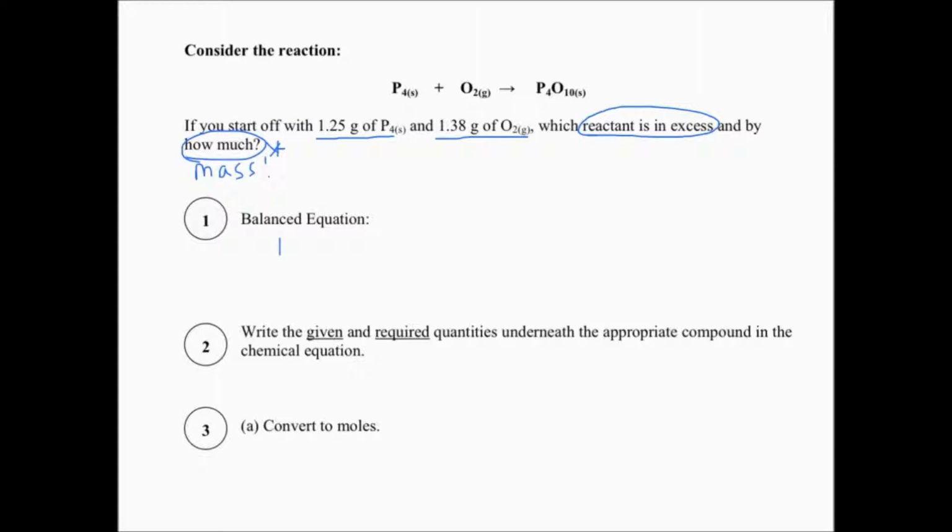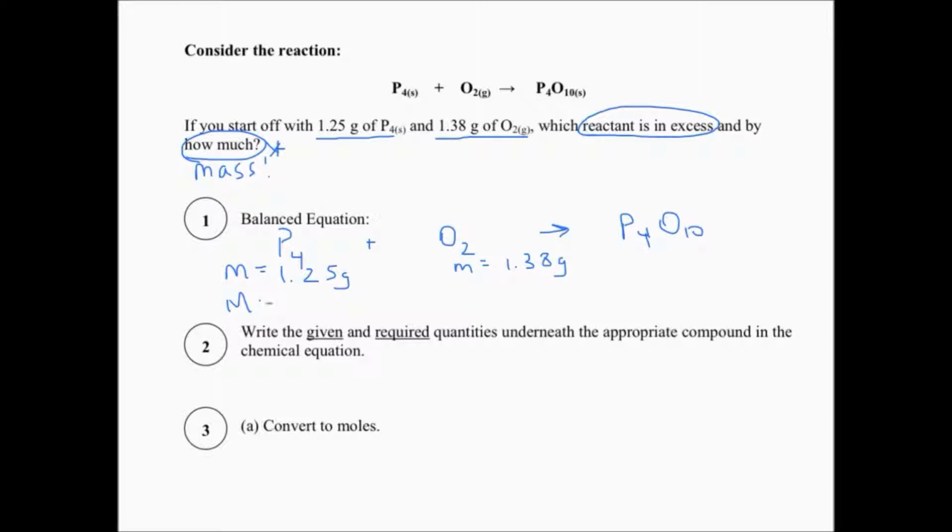Our balanced chemical equation has phosphorus reacting with oxygen to give us P4O10, or tetraphosphorus decaoxide. We are given the mass of phosphorus as 1.25 grams and the mass of oxygen as 1.38 grams.